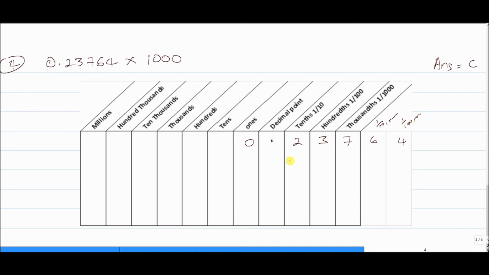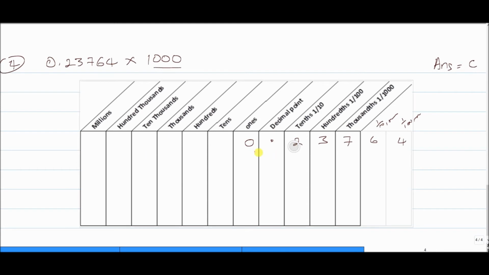Okay, now when we are multiplying by 1,000, we are going to be moving our digits to the left of the column that they're in. In this case we are going to be moving 3 places to the left. So let's take our first digit here, and our 2 will move 3 whole places over.